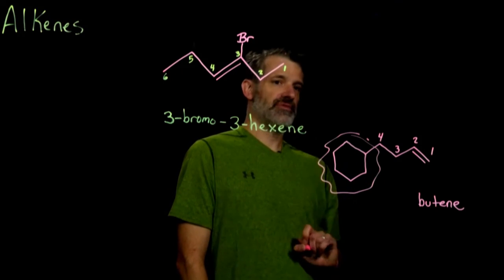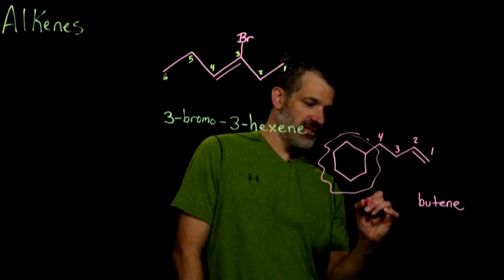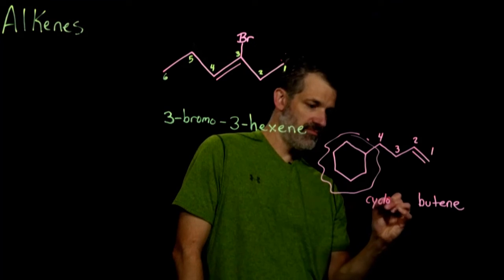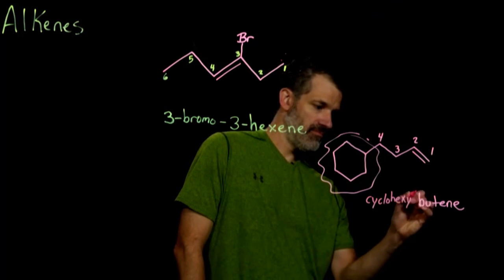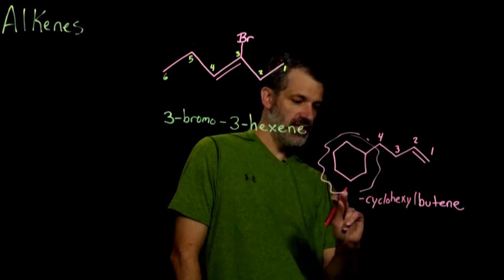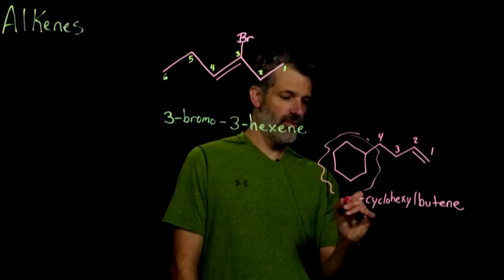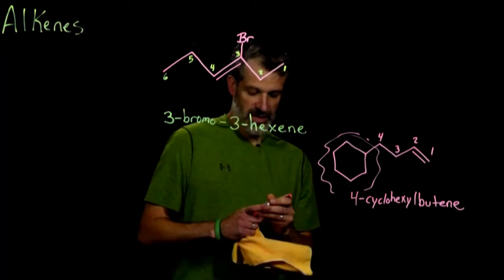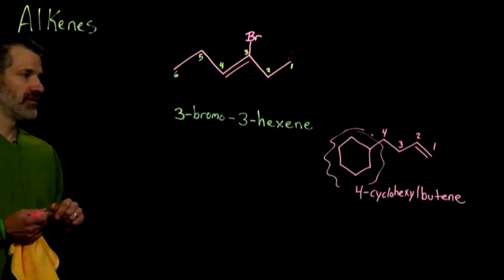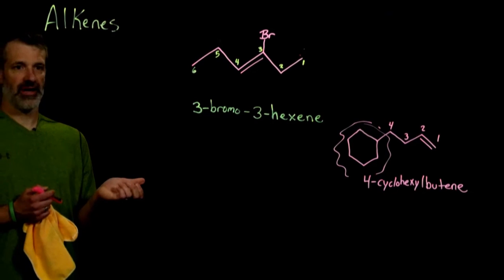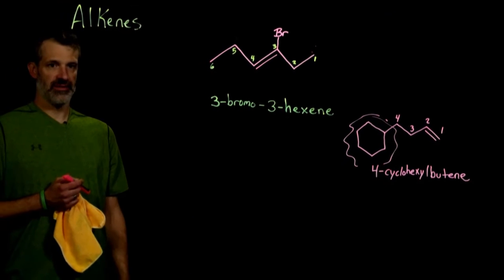The substituent is cyclohexyl. And lastly, name its position. It's located off of carbon number 4 on that butane parent. So the name of this compound is 4-cyclohexylbutene.